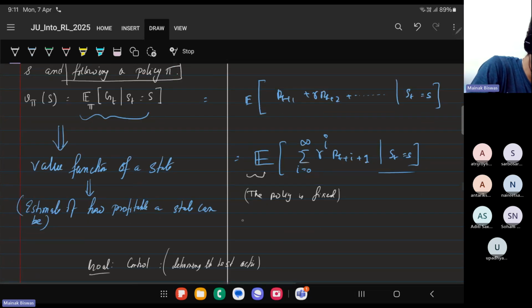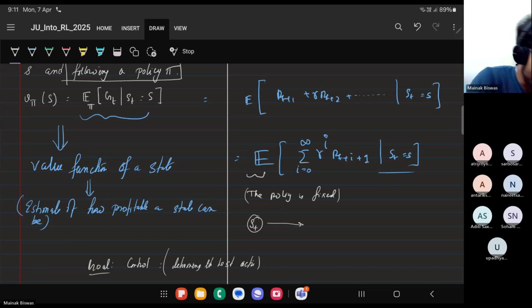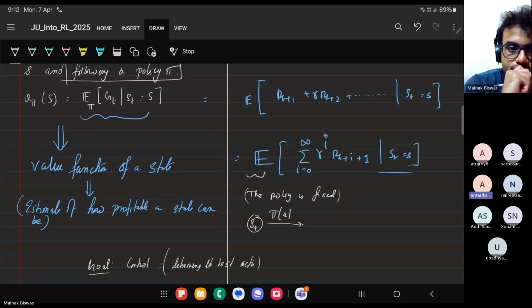Because again, if you are trying to wonder what I am saying, so ST, you will be selecting what is the stochastic part in this equation. Can you tell me what are the different stochastic elements that you're taking expectation over? First is the pi of, yeah, tell me. Yeah, so the entire policy function is a stochastic probability distribution.